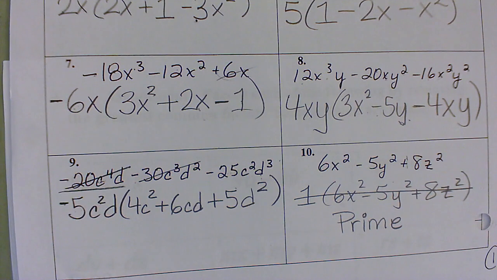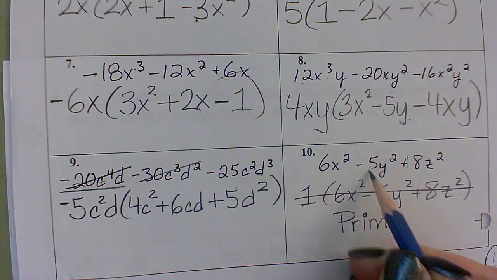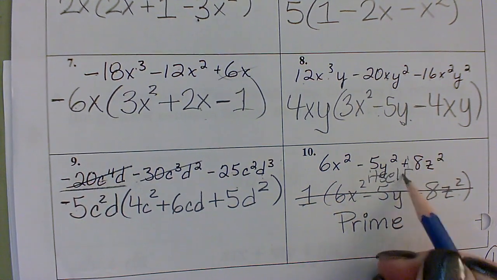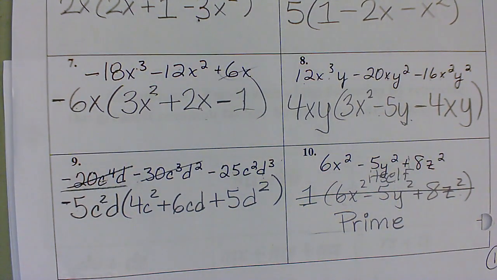They're the only numbers that are 1 and itself. Here's 1 and itself. So we call it prime. Later on, some of these questions might factor with a different method, but they won't with common factoring. And then we won't use prime anymore. But in this case, there happens to be some that will not factor. That 1 and itself is the only thing.